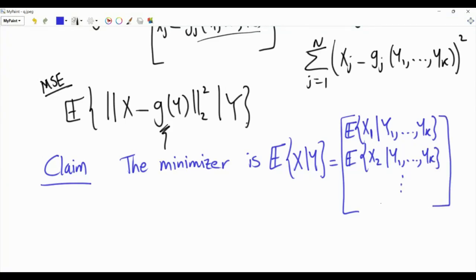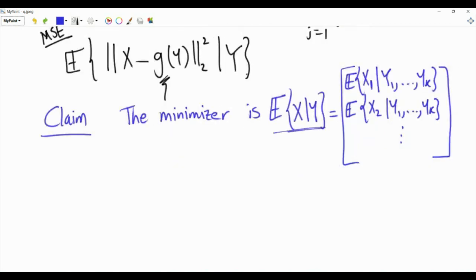So we have n conditional expectations. The jth element here is the conditional expectation of xj given the y's, given the measurements. So this is a vector of conditional expectations, and each one of them is the estimate of the respective element in vector x, such that the mean squared error given y is minimized.